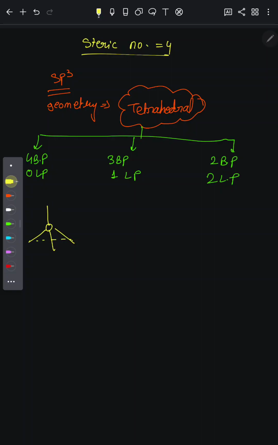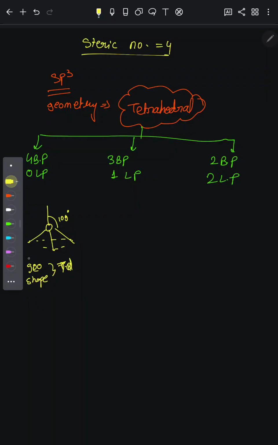This is the structure of tetrahedral. All these angles will be 109 degrees. So here geometry and shape both are tetrahedral, TD in short.